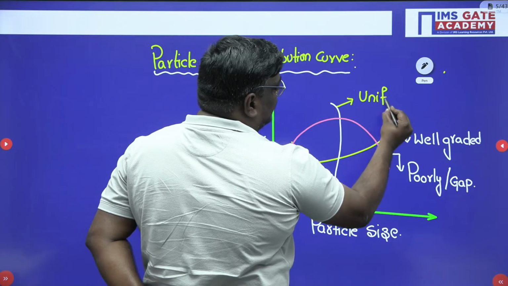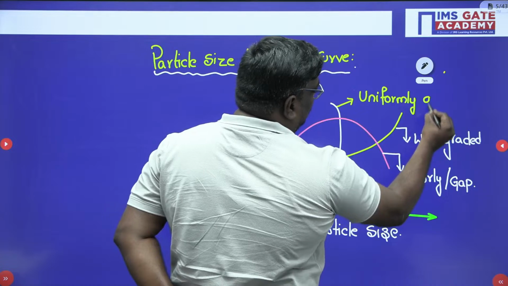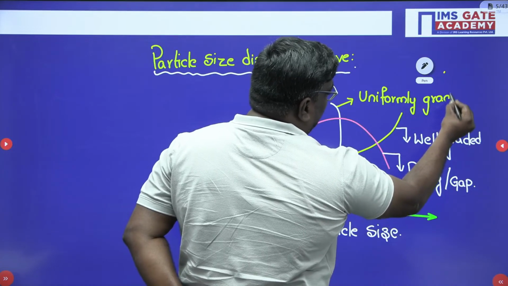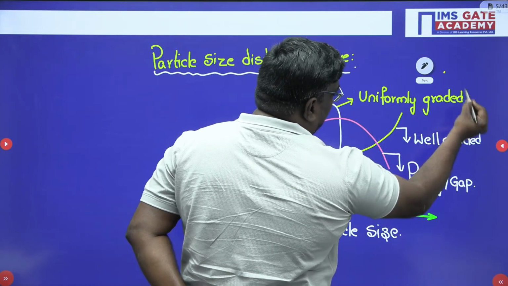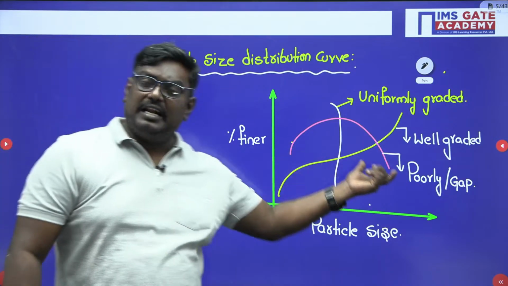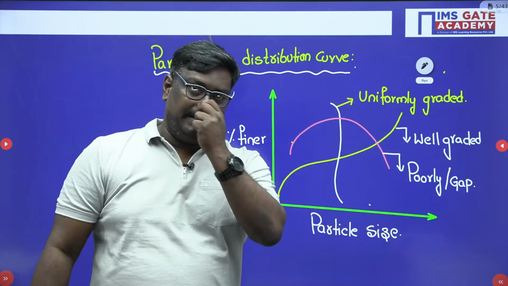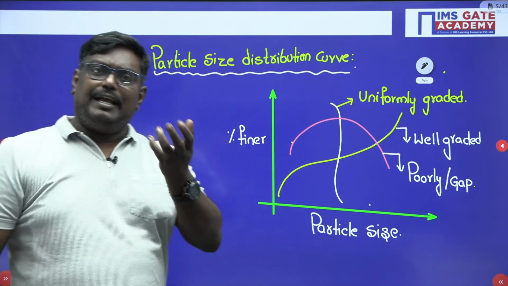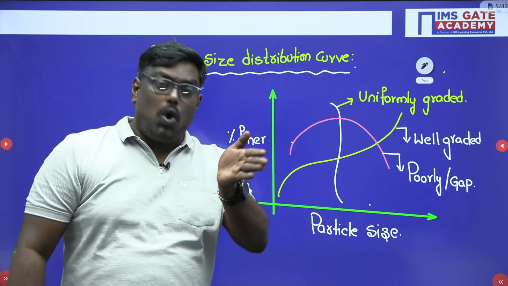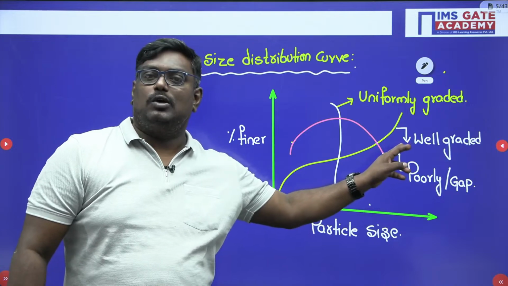This one we call what, sir? Uniformly graded soil. Okay, now my dear students, let me tell you what you mean by well graded soil, poorly graded soil, and uniformly graded soil. If you take a soil sample and all the particle sizes are present, then it is well graded soil.